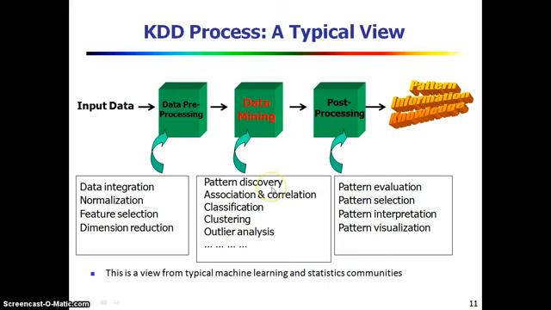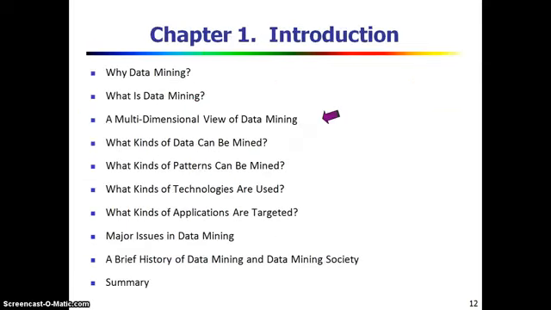Pattern discovery includes association, classification, clustering, outlier analysis. These are the various methods we can use with data mining. And at the end, post-processing, where you can go with pattern evaluation, selection, interpretation, and visualization.